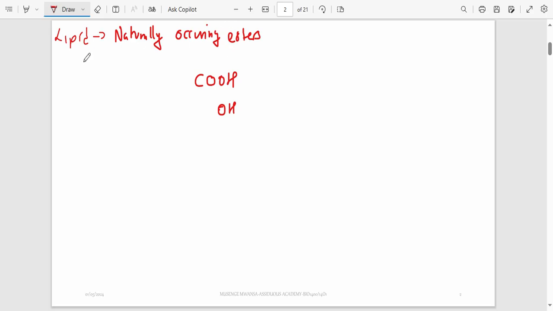But to be specific for lipids, this carboxylic functional group is found in a molecule known as a fatty acid, and then the OH is going to be in alcohols. So now you can define what lipids are: lipids are naturally occurring esters of fatty acids and alcohols.